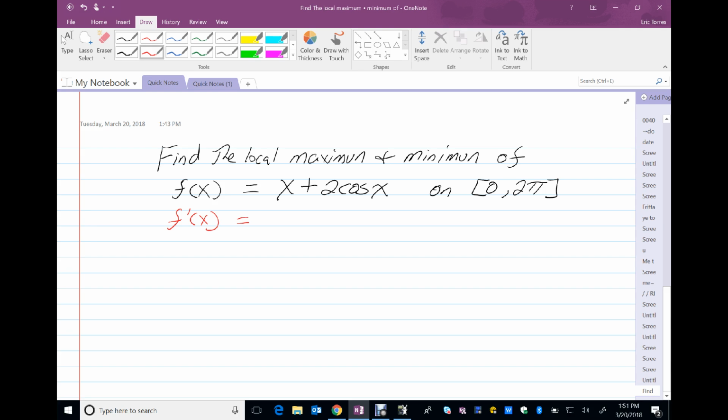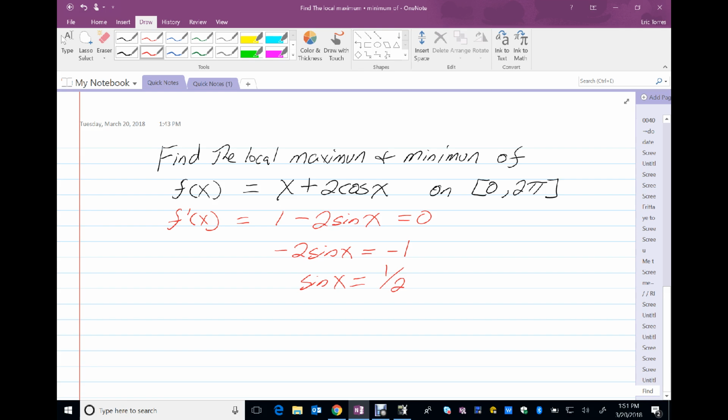So the derivative is going to be 1 minus 2 sine of x. And I'm going to set that equal to 0, which means that negative 2 sine of x equals negative 1. Sine of x equals 1/2.